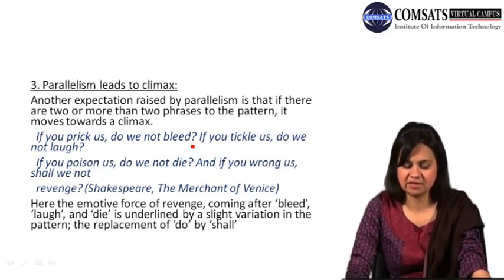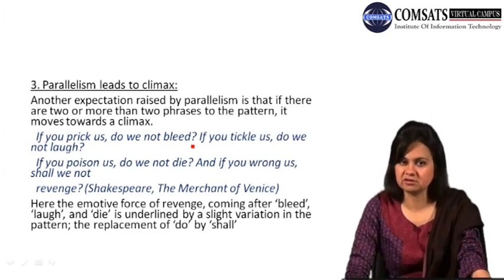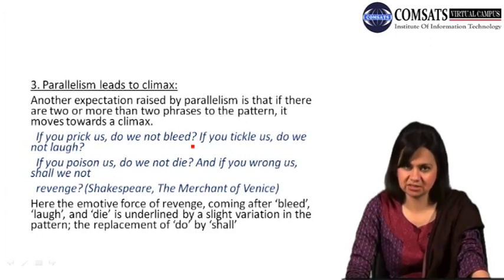Now it is underlined by a slight variation too in the pattern. Observe that the last line has an alternate or a different pattern, as the word do is replaced by shall. So when it is replaced by shall, this slight change makes us understand it's a kind of a signal in the parallel structure that now comes something more important.